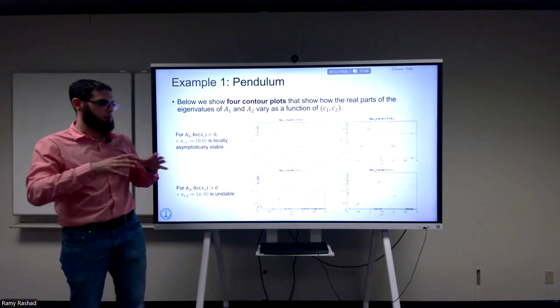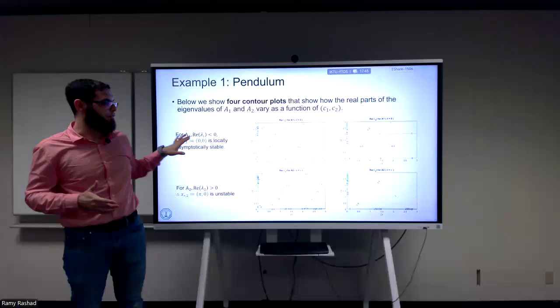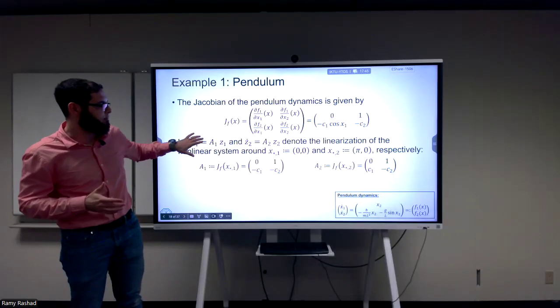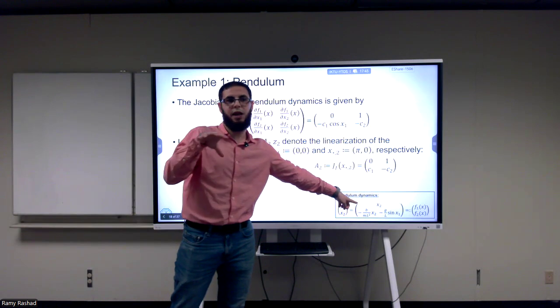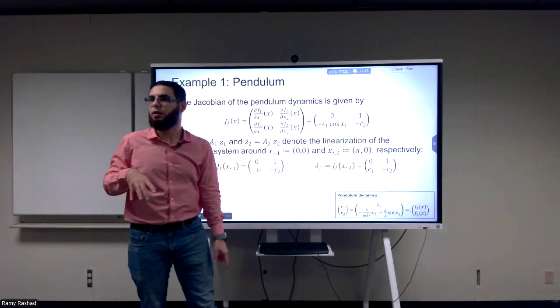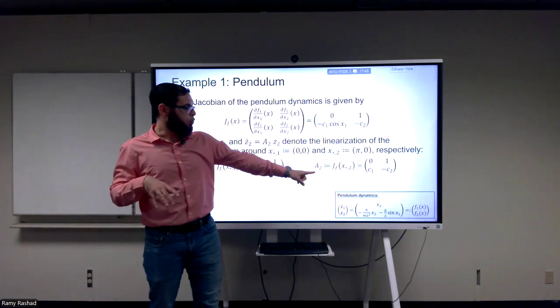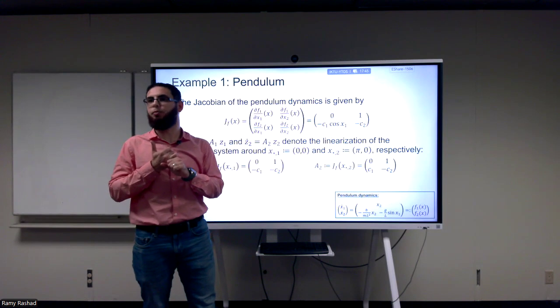Because we want to calculate the eigenvalues for all possible values of C1 and C2, and if you go back, C1 and C2 are simply all of the ratios, all of the values that B, M, L squared, and G and L can take. We're assuming here, again, B is the damping coefficient. Is it positive or negative? Always positive.